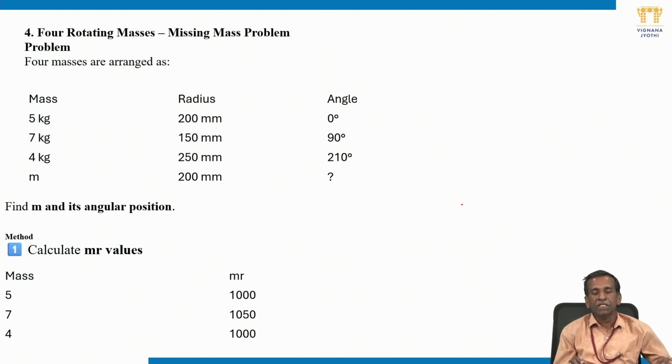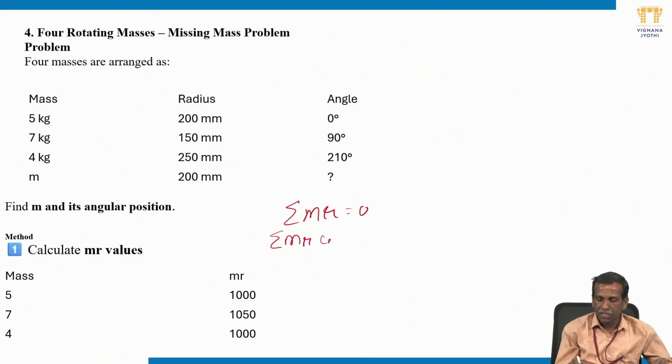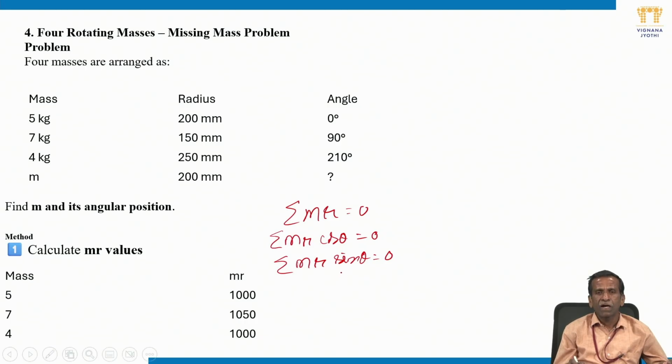So for the fourth mass, in that equation you can write sigma mr equal to 0, or in components: sigma mr cos theta should be 0, and sigma mr sin theta equal to 0, because you need to find the unknown mass by writing these equations. In these equations you will get terms in m, and theta of that fourth mass is unknown. So two equations, two unknowns, you can solve for m and that theta.